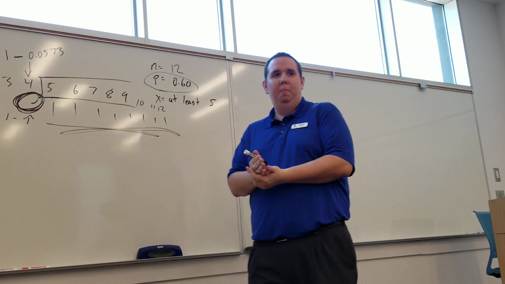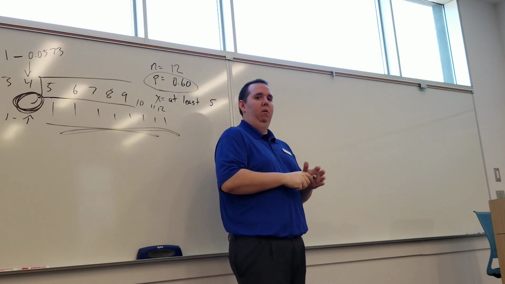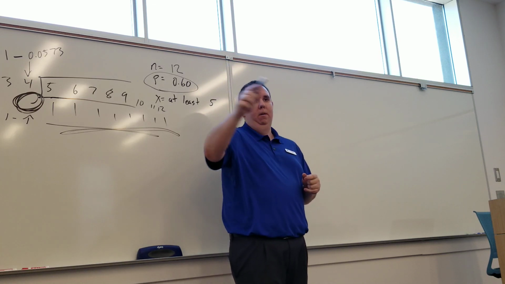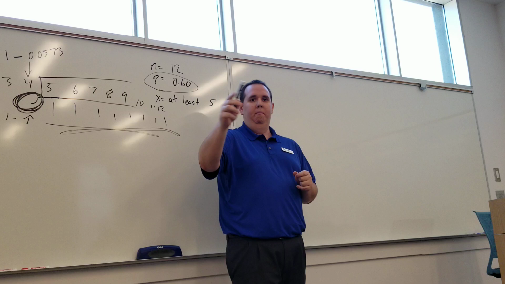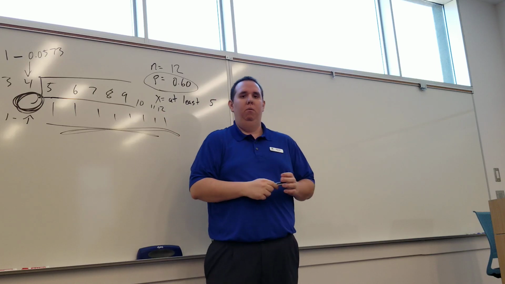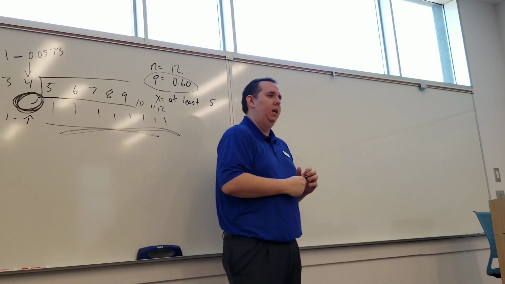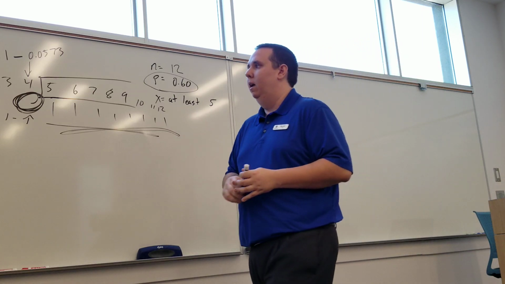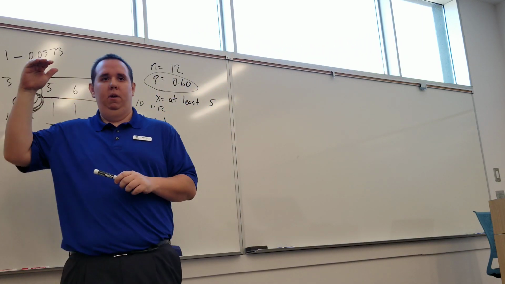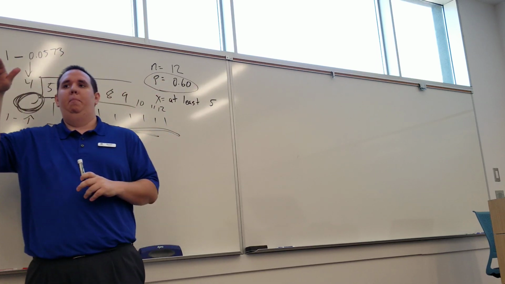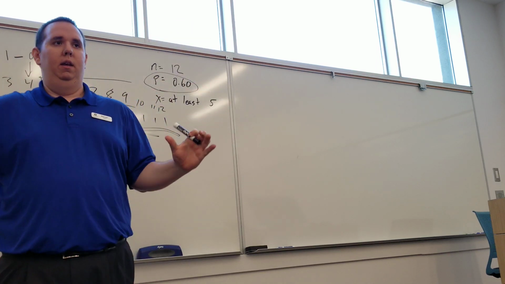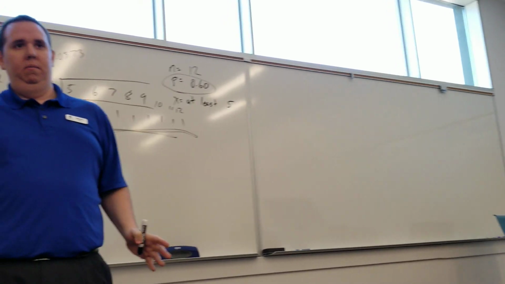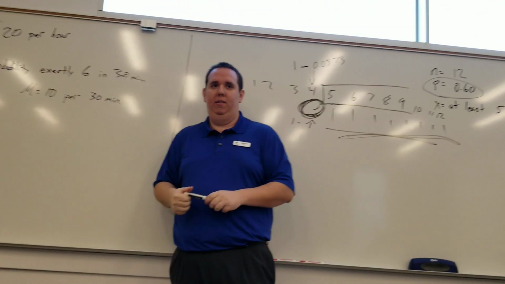So when we look up in the Poisson table, up along the top are your means, right? So what is our mean for this first part? 10. It's 10, right? So we look for 10 along the top, and then along the left side should be x's, and our x is 6.